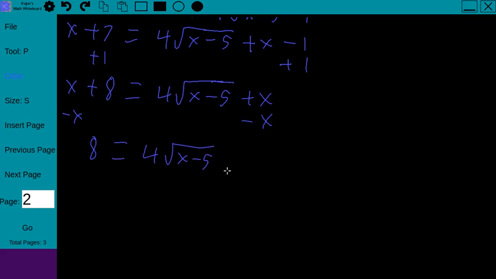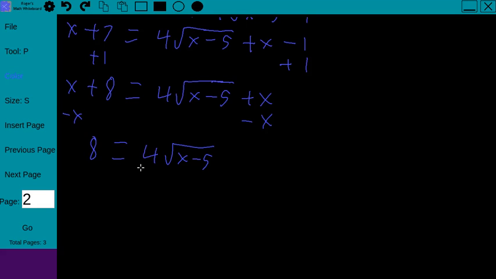And then from then on, let's see, can we isolate this further? I do believe we can, because this 4 is being multiplied by this square root of x minus 5 thing that we're trying to isolate. And I'm noticing that 4 and 8 here, this entire side of this equal sign is actually divisible by 4. It will go evenly.